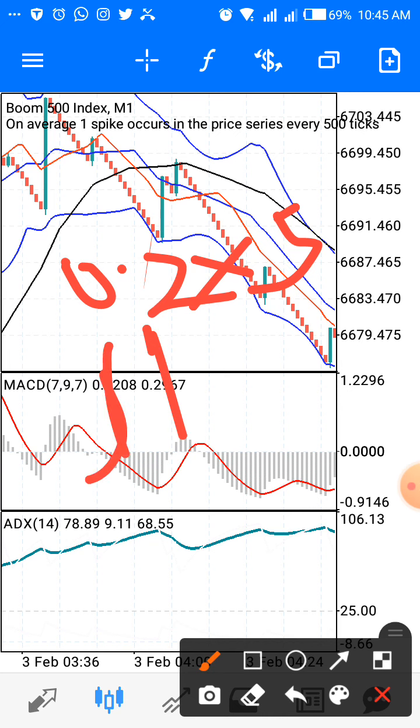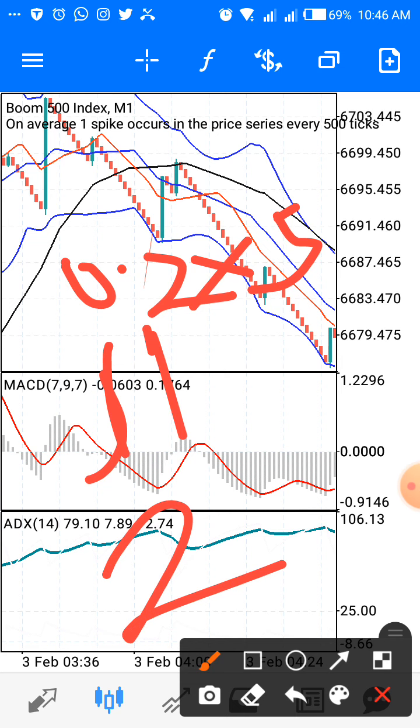What this means is that if you enter your trade 5 times with 0.2 lot size, you enter for 1 minute, you close the market, enter for 1 minute, you close the market, you enter. If you do that 5 times, you've made $1. If you do it 10 times, you've made yourself $2.